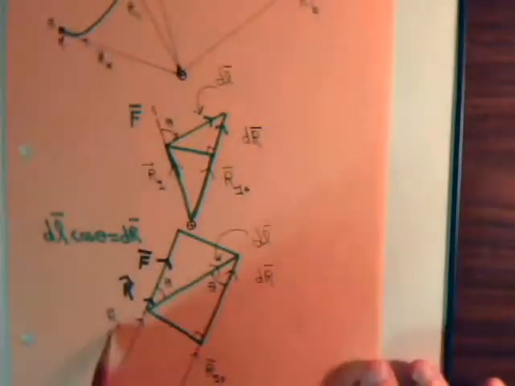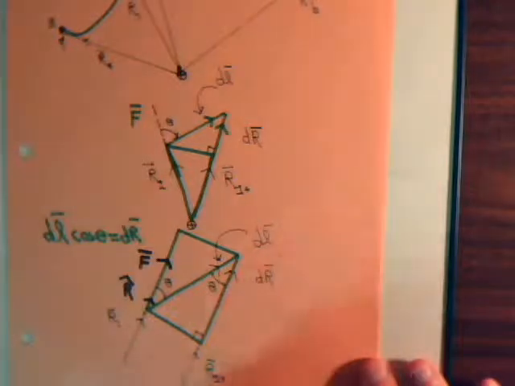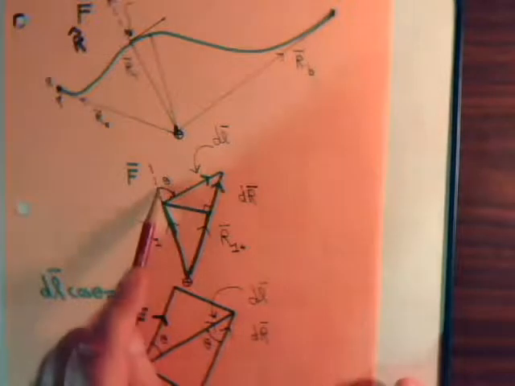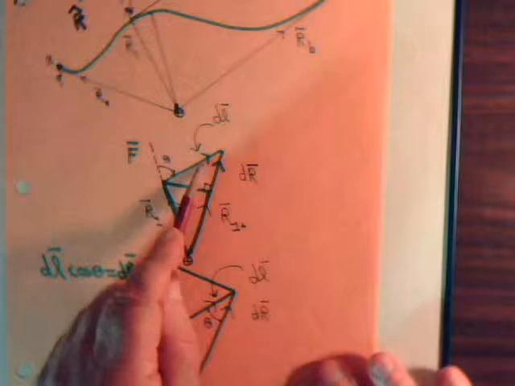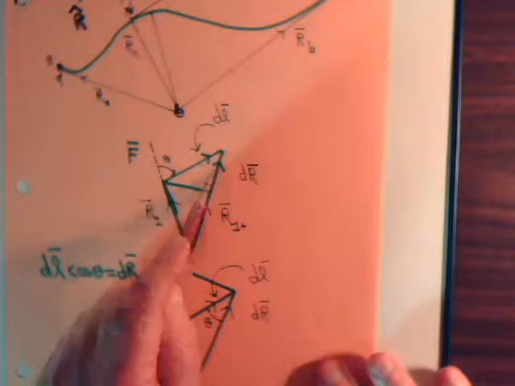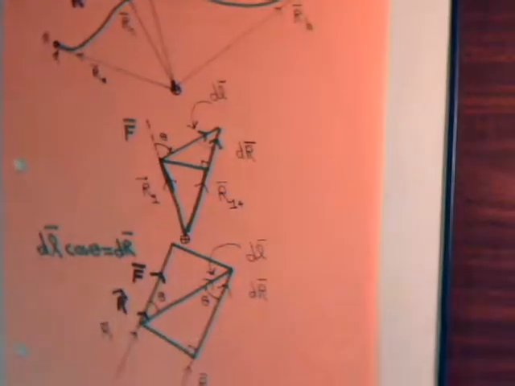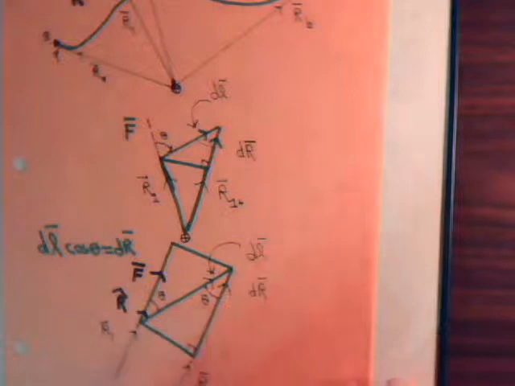So we're trying to demonstrate that here. Here's the position vector r1, r1 plus. They're parallel to each other. So if this angle here is theta, then what that means is that this angle here is theta. And that's what we have demonstrated right here.